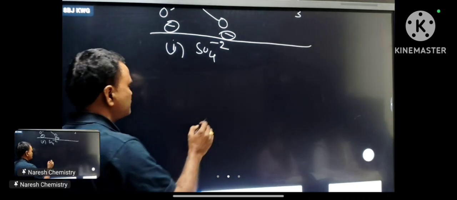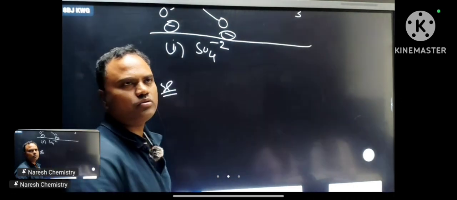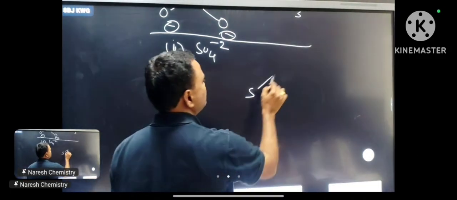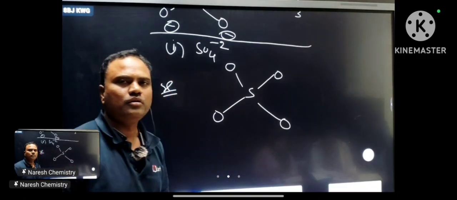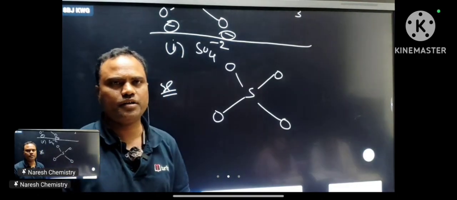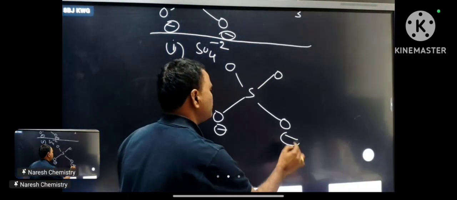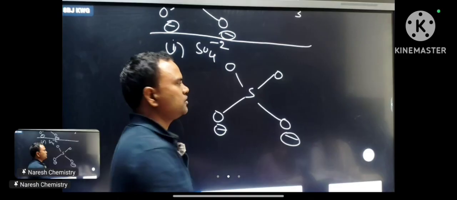1.5. See the solution. SO4 2-. How to draw the structure? Sulfur. How many surrounding oxygens are there? 4. Negative charges? 2 negative charges. Keep one negative here, one negative here. But these two are not getting a negative charge. Then what we have to do? Write double bonds.